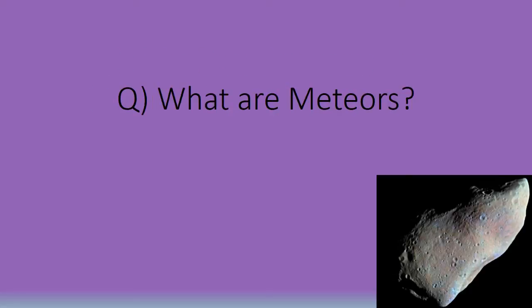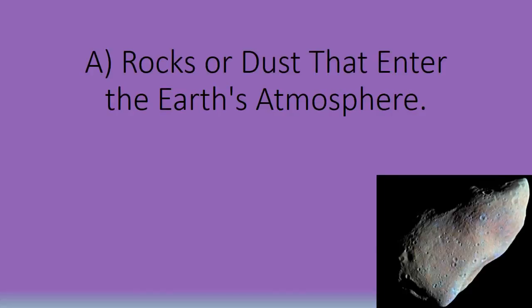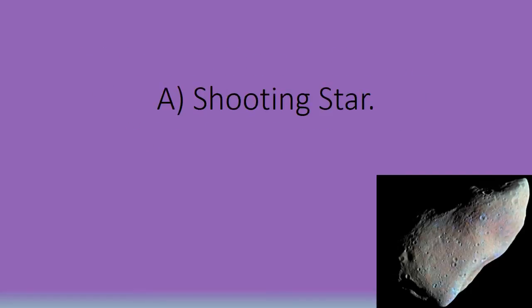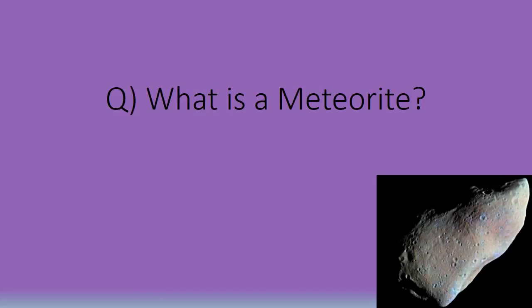What are meteors? Rocks or dust that enter the Earth's atmosphere. As they burn while passing through the atmosphere, what is this known as? Shooting star. What is a meteorite?